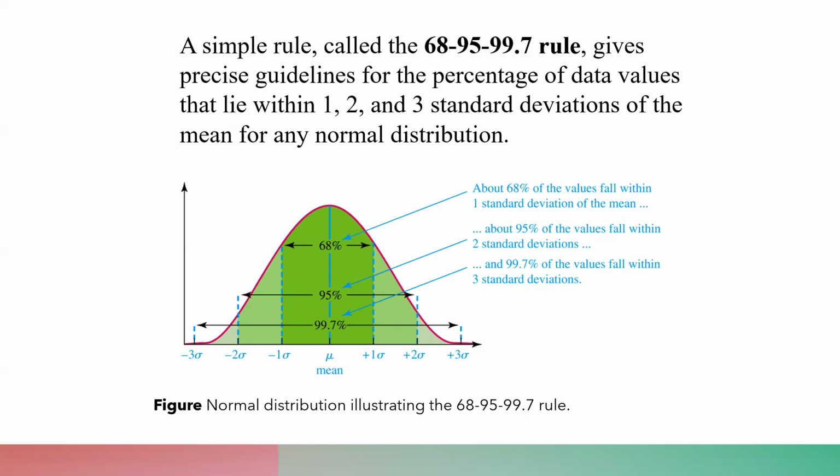And then 3 standard deviations is 52 to 148, and that is 99.7% of people who take the IQ test. So that's almost everyone. They fall within 52 to 148. That's what they score. So this is useful.